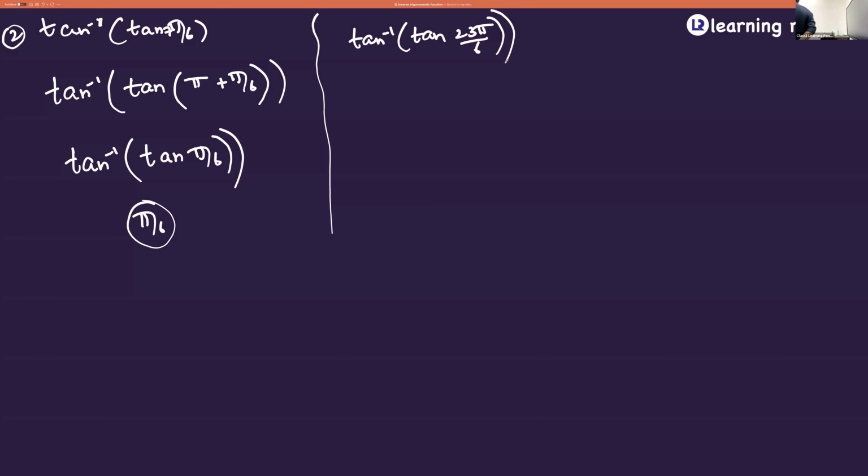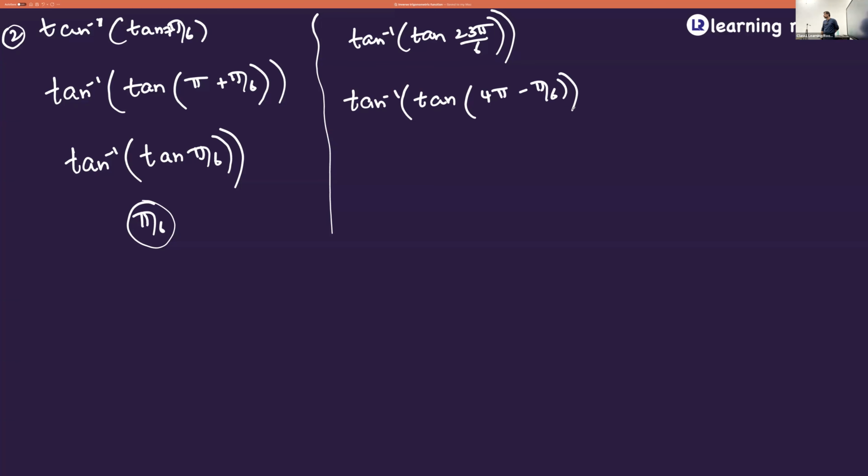Minus pi by 6. So it's simple. Tan inverse of, correct. You should write it as 4 pi minus pi by 6. Our mind always thinks in terms of plus, no? But if you see, the nearest multiple is 24. It is lesser than 24. So 4 pi minus pi by 6.